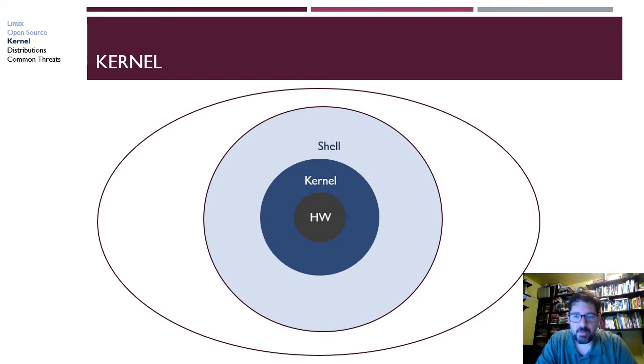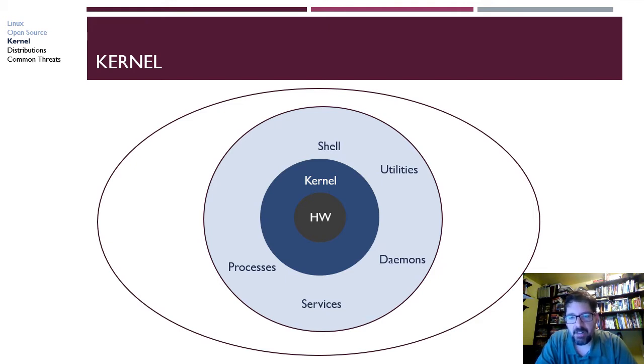Which I used that term earlier in the course. So basically, hardware is abstracted from the software, like the shell, and the kernel is what's responsible for doing that. So the kernel is that layer of abstraction between the hardware and other software. Now in that layer just outside the kernel, you'll find things like the shell, various utilities, and then you have your processes, services, daemons, right?